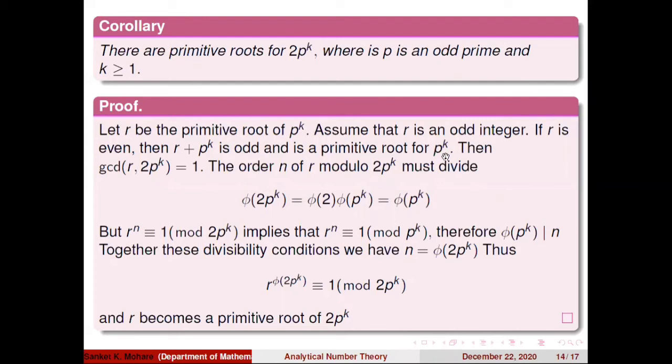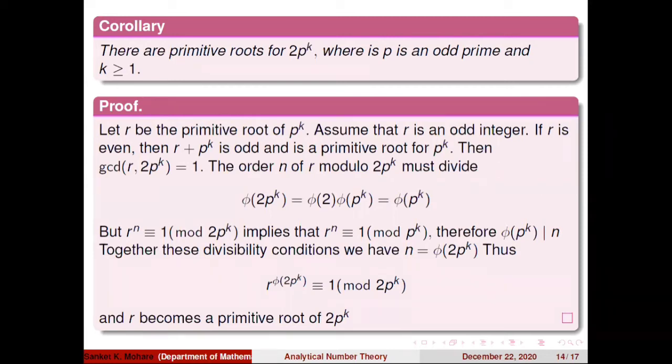So then GCD of r and 2 times p to the power k equals 1. Now the order n of r modulo 2 times p to the power k: let the order of r modulo 2 times p to the power k equal n.